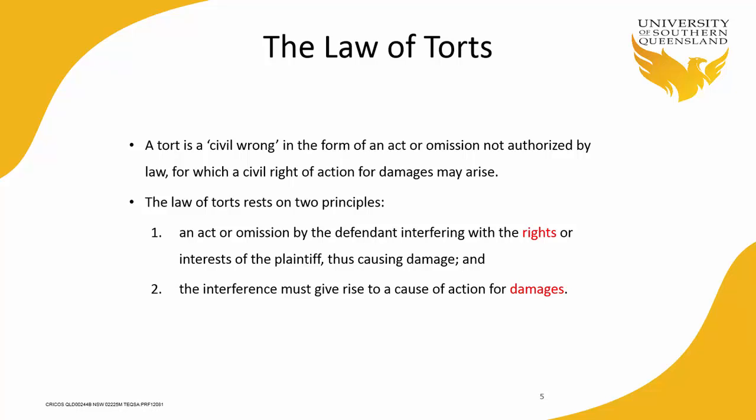And that basically means that you would be compensated in the sense that you will be paid a sum of money for the harm, to compensate you basically for the harm that you've suffered and that was caused by the defendant.